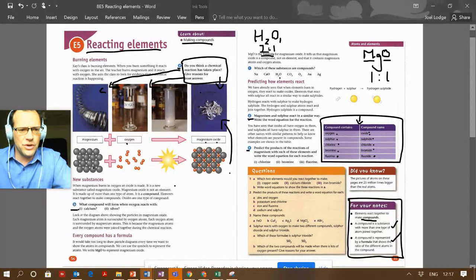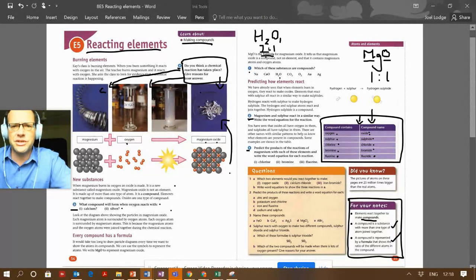Okay. B, what compound will form when oxygen reacts with calcium and silver? So if you take this information over here to answer this question, we know magnesium and oxygen forms magnesium oxide. So what does calcium and silver form? Okay. Question C. Knowing what we know about formula, which of these substances here in this box are actually compounds?